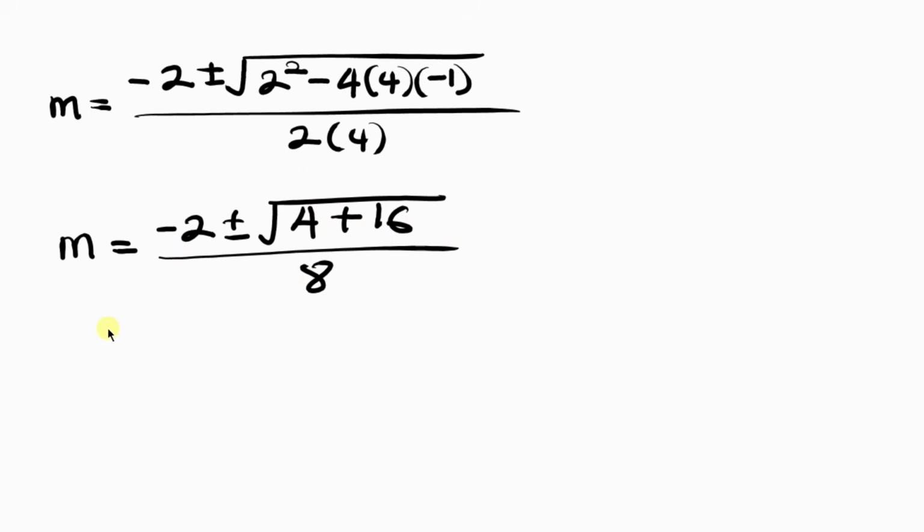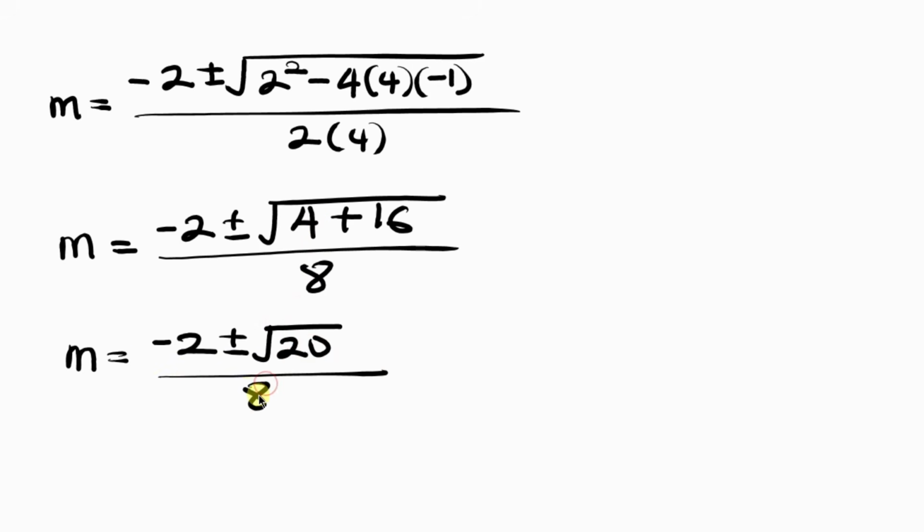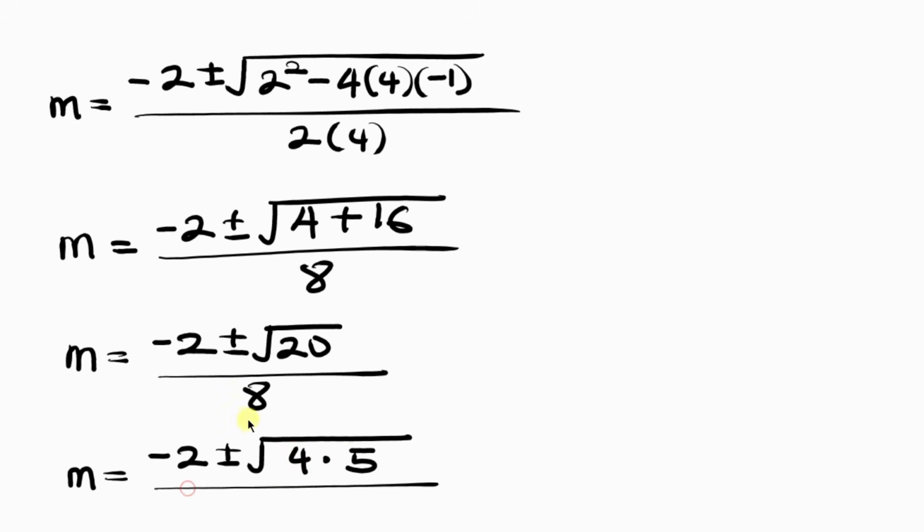So this simplifies further into m equal to negative 2 plus or minus the square root of 4 plus 16, which is 20, all over 8. We can simplify further: m equal to negative 2 plus or minus the square root of 20, which is the same as 4 times 5, all over 8.